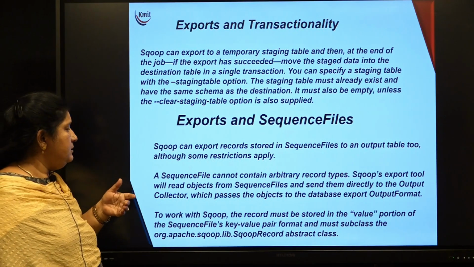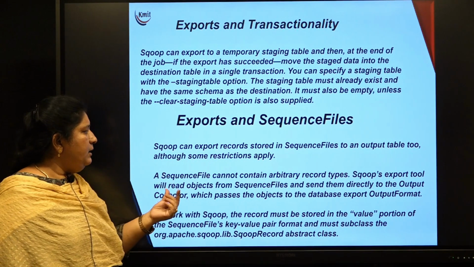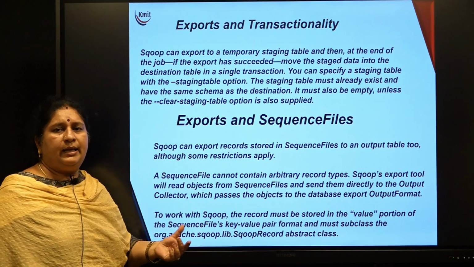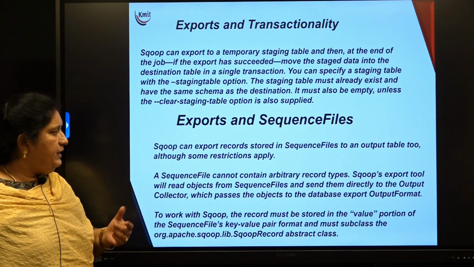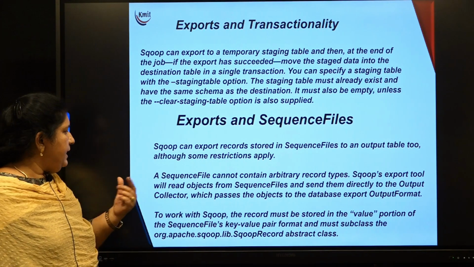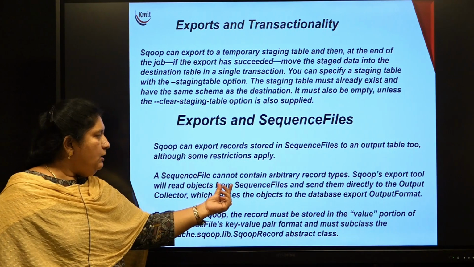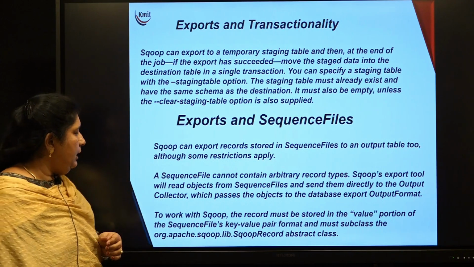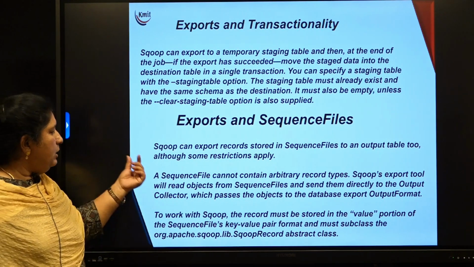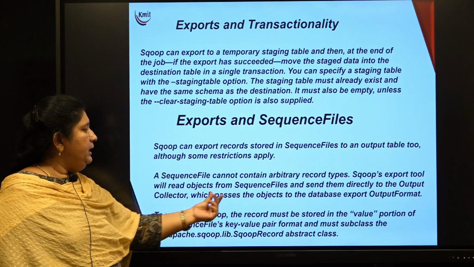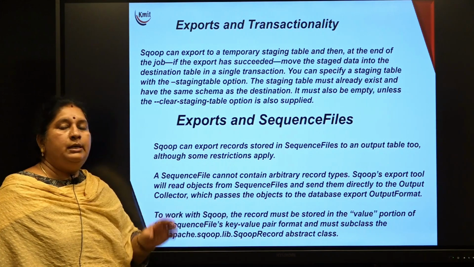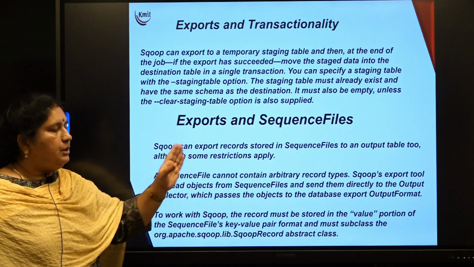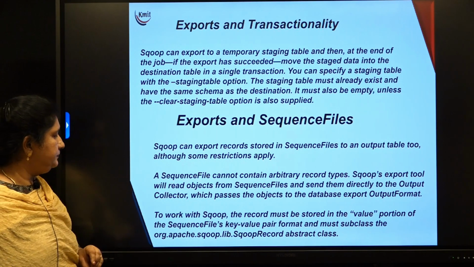In such cases, some restrictions apply because a sequence file cannot contain arbitrary record fields, and Sqoop's export tool will read the objects from sequence files and send them directly to the output collector. The output collector will pass the objects to the database export output format.